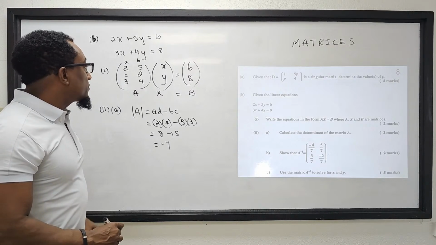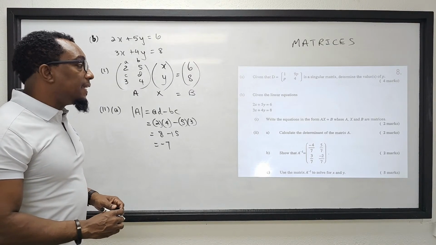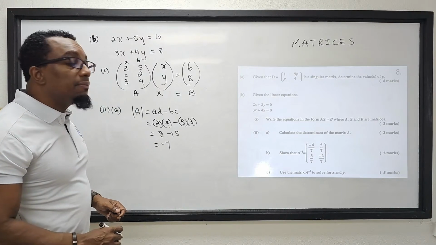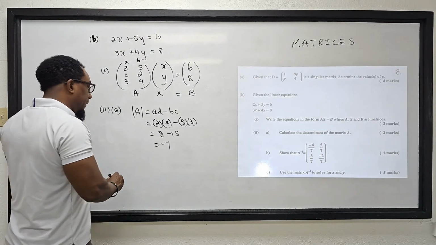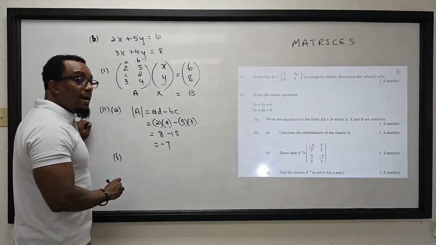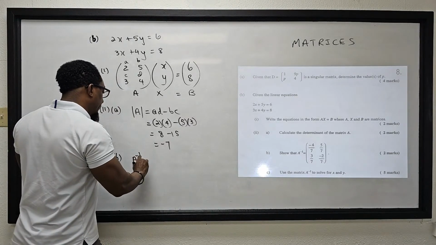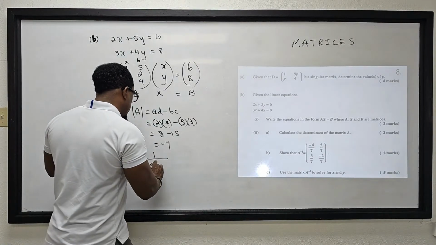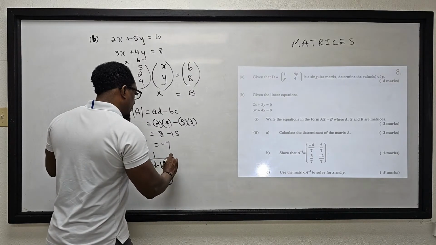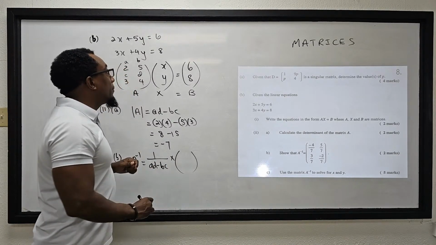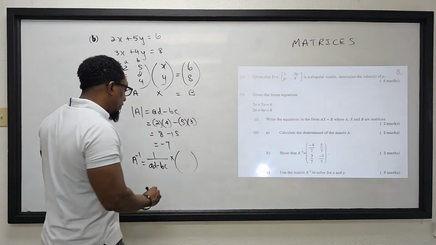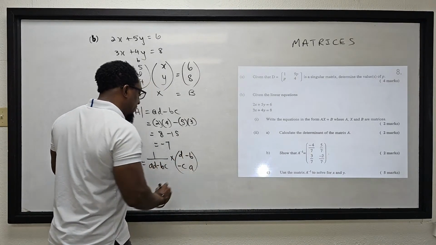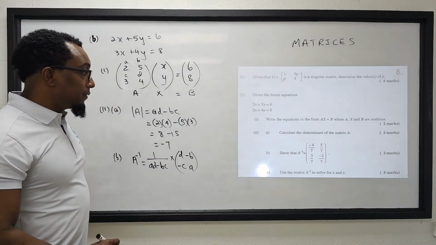Then part B asks us to show that the inverse of the matrix A is what we have there. So part B, we are required to show that A inverse is 1 all over the determinant, AD minus BC, multiplied by the adjoint. What's the adjoint? Interchanging both D and A, and we change the signs of B and C. That's your formula for the inverse.